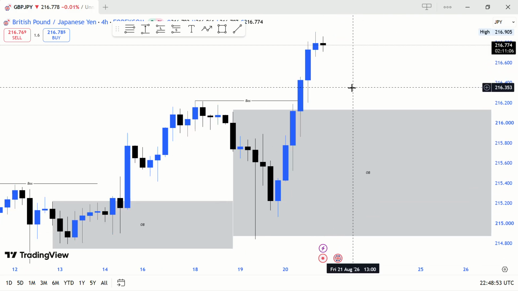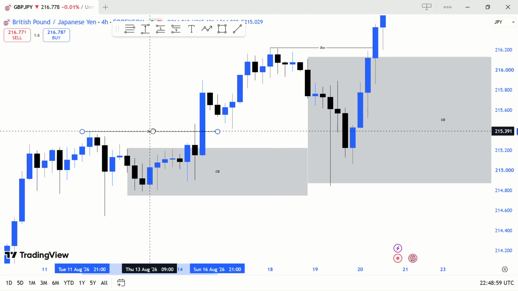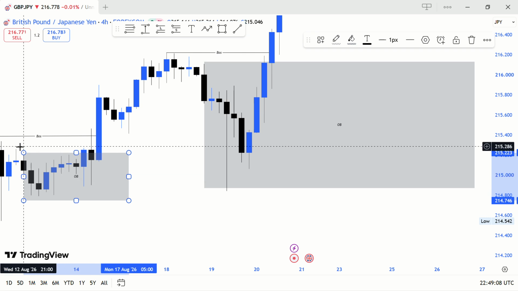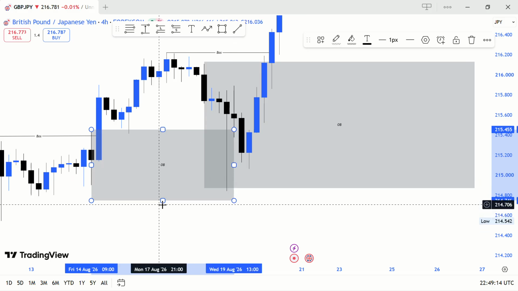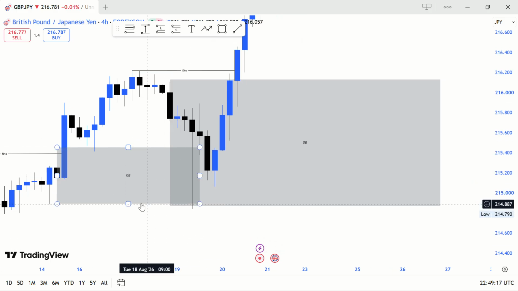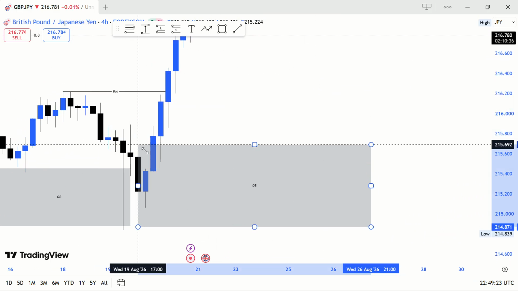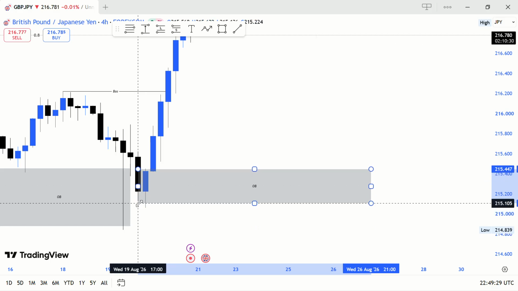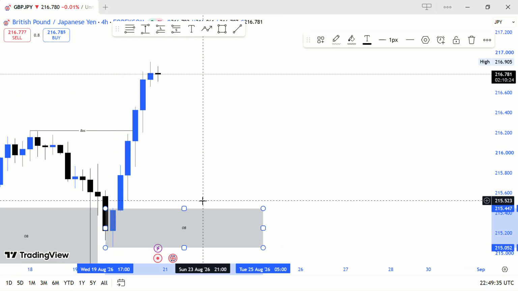So from our 4 hour time frame, sorry, I'm making a little adjustment, trying to keep it neat. This was where it all happened. So this is where we should be waiting for GBP JPY.